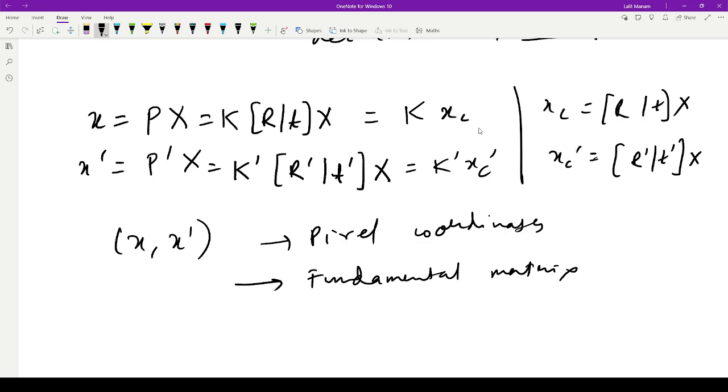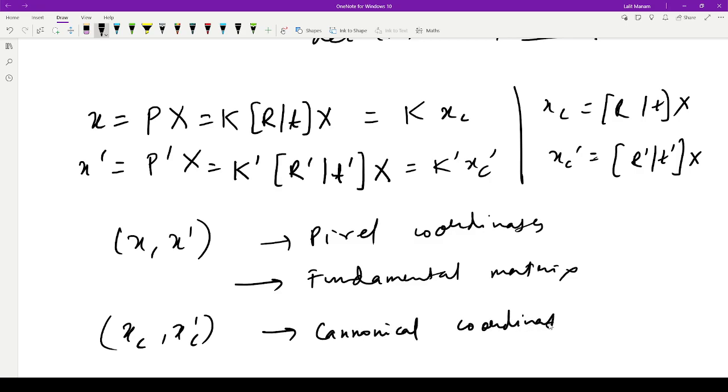I'm just rewriting xc so that it becomes more clear. When you have xc and xc prime given to you, which are in canonical coordinates, meaning it is corrected for K, then you can estimate the essential matrix.